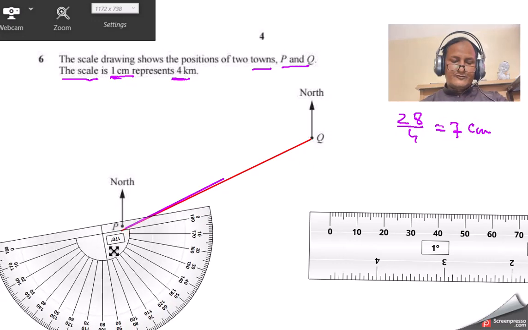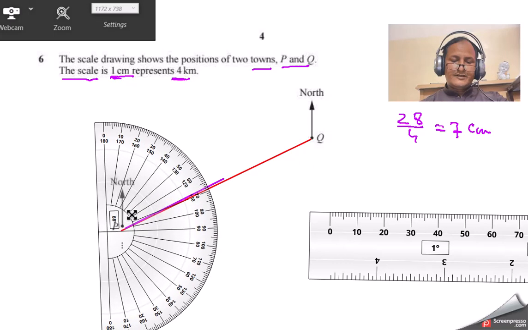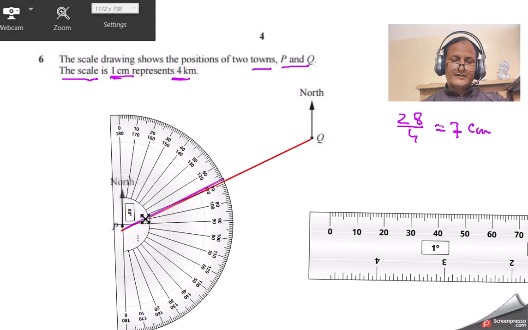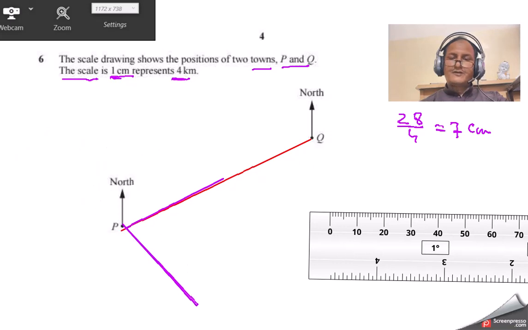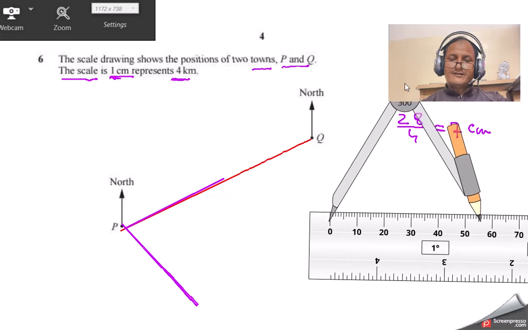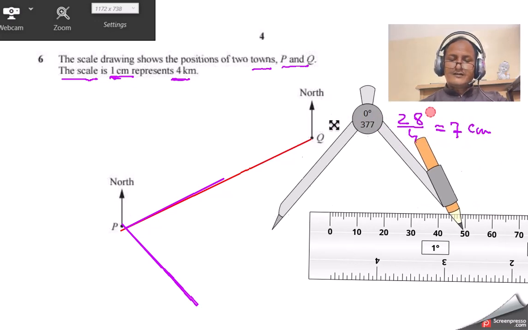Then we're supposed to draw an angle of 140 degrees. Then open the compass to 7 centimeters and mark an arc from this point.